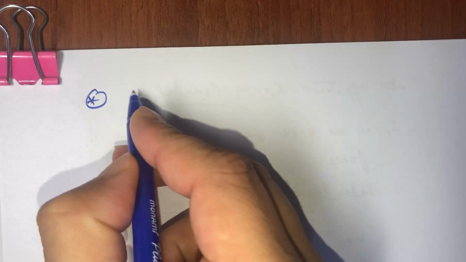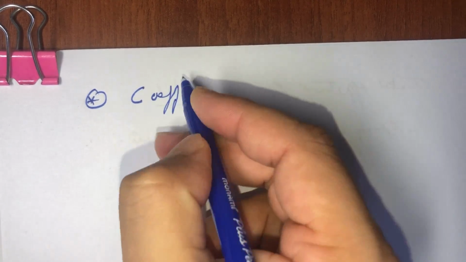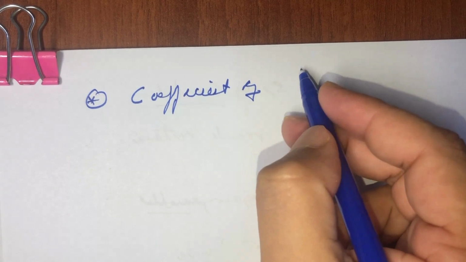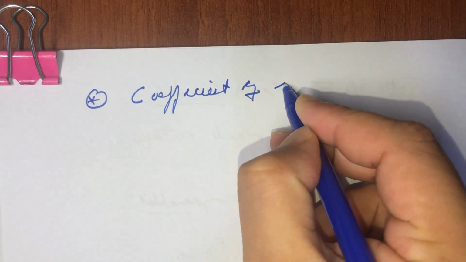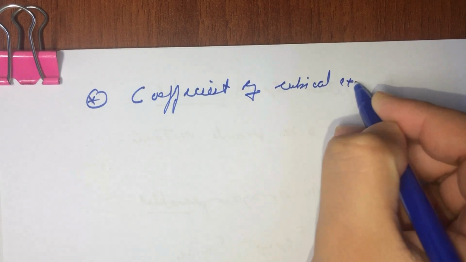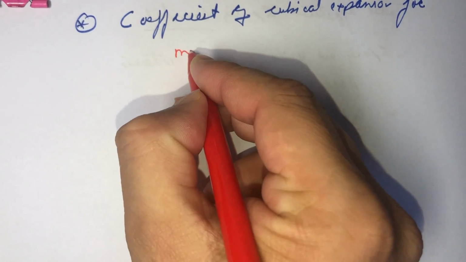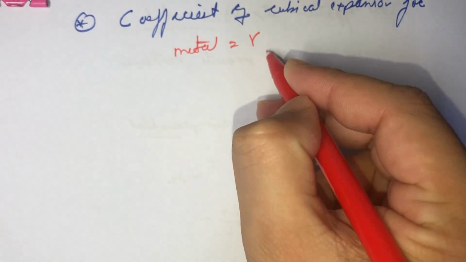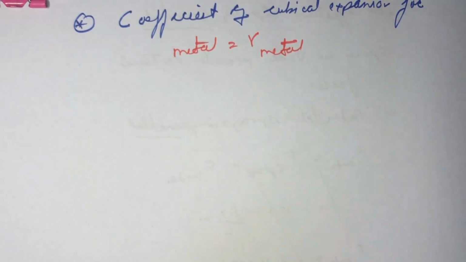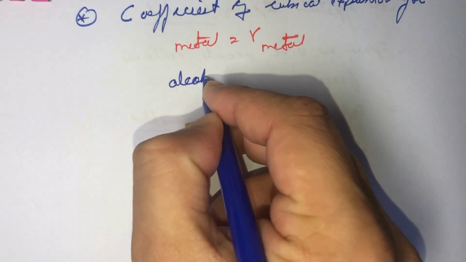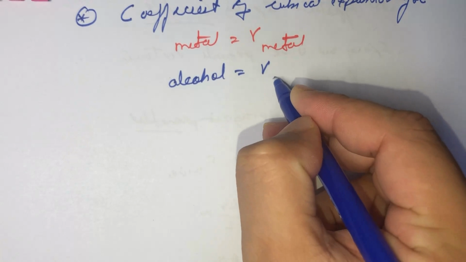So you can say that the coefficient of cubical expansion for metal is given as gamma metal, and for alcohol it is taken as gamma alcohol, ALK in the shorter form.